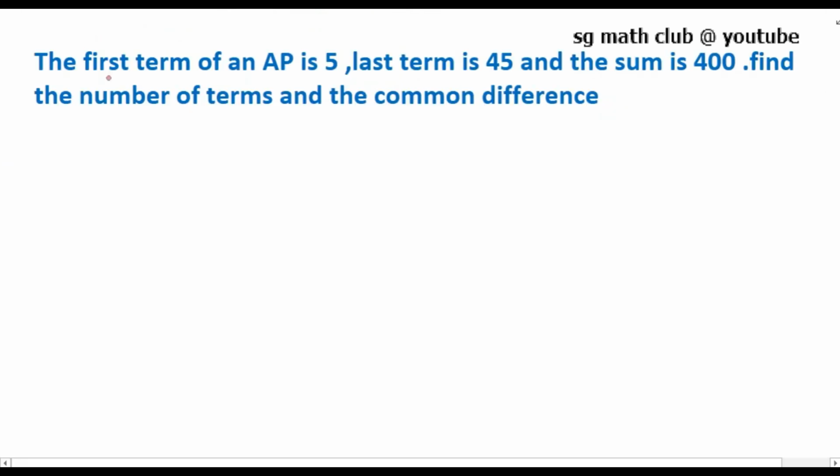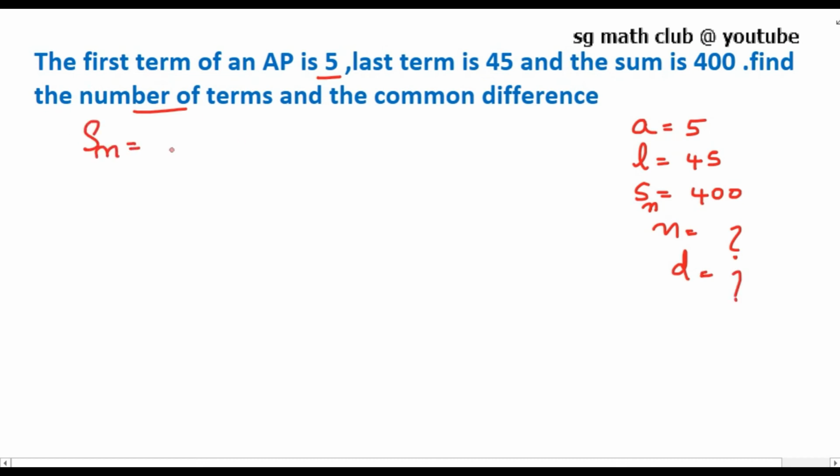So next question, first term of an AP is 5, last term is 45, and sum is 400. We need to find number of terms and common difference. Write Sn formula, n by 2 into first term plus last term. Sum is given as 400, n value we don't know.